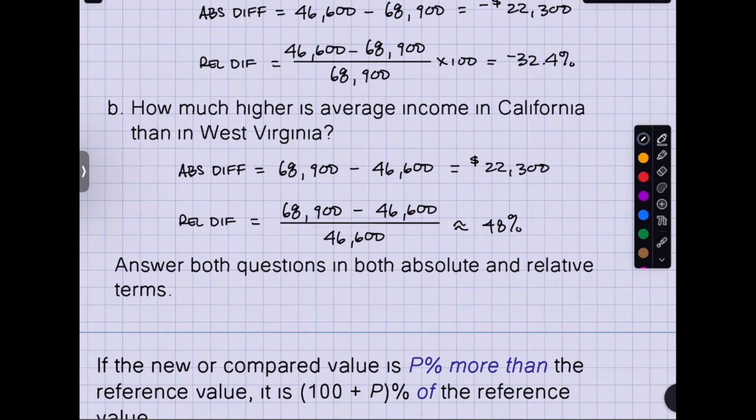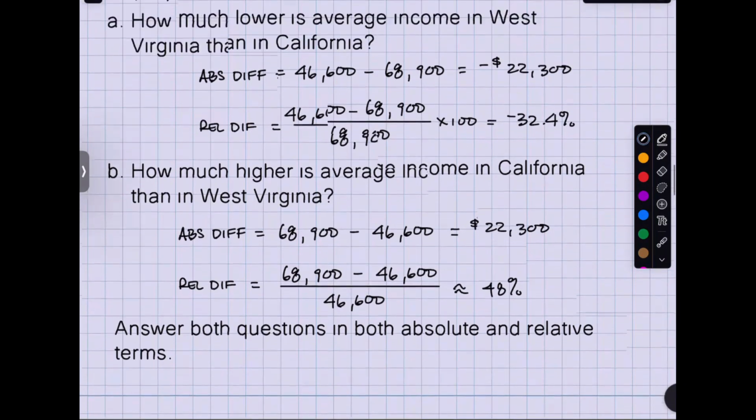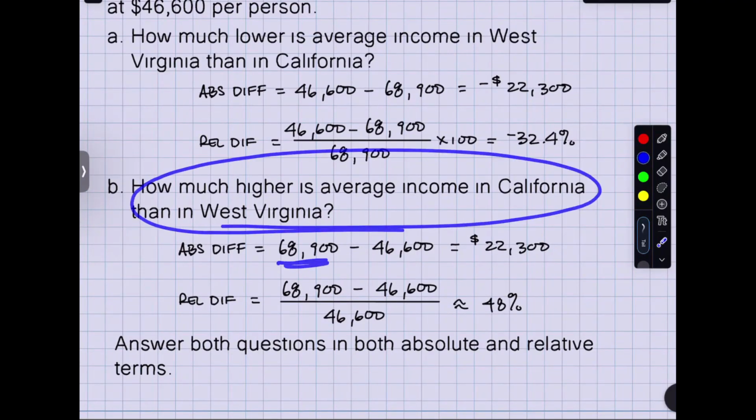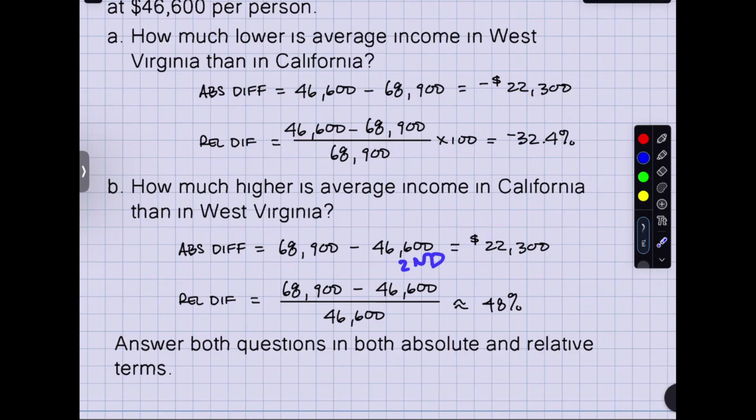Does that make sense? So you might want to put in notes based on what this is saying, which has to come first, which has to come second. Because that's what you guys are going to need to know.